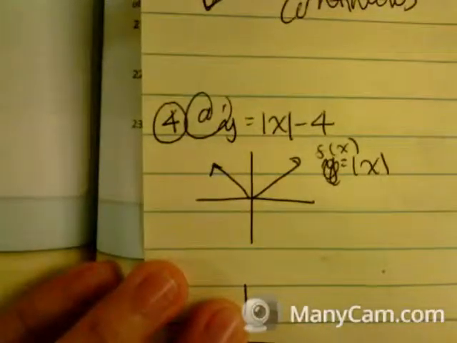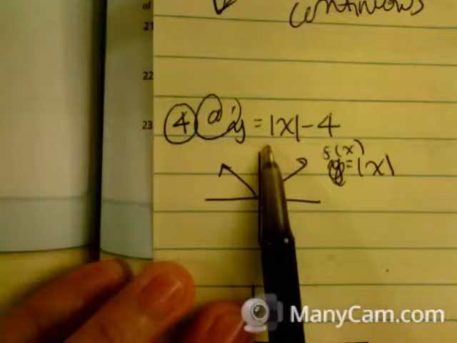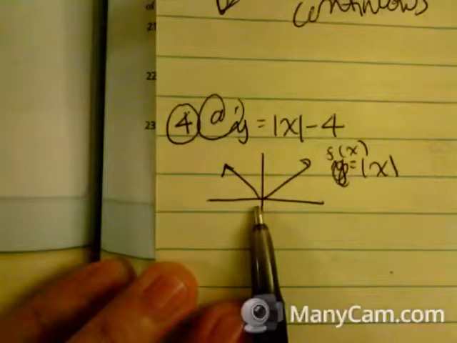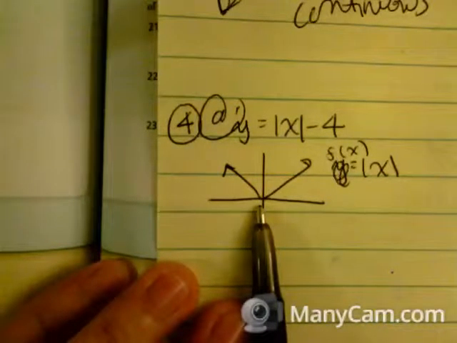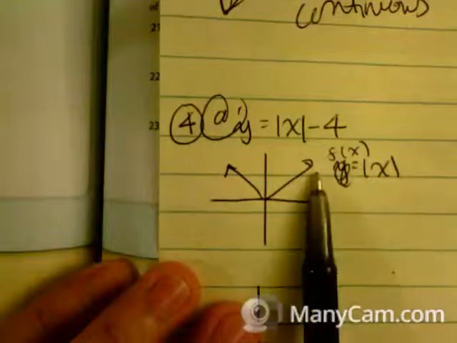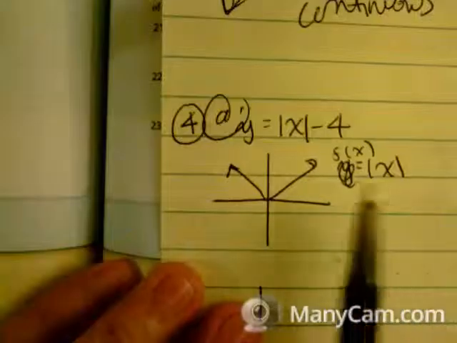Alright, problem 4. I want to graph y equals the absolute value of x minus 4. This is what the graph of the absolute value of x looks like. It's just a V. I'd put f of x equals absolute value of x, because f of x is in terms of x.